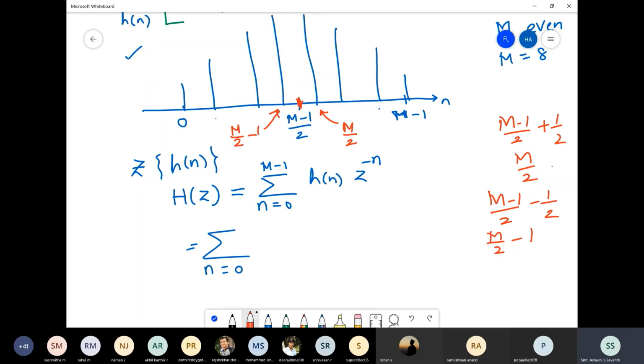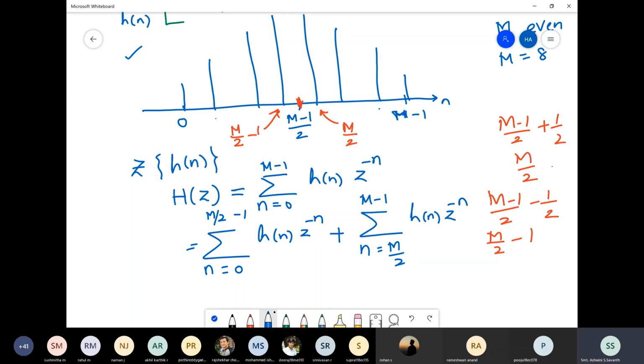Because I want to split this summation into two portions. The first portion will have the first half samples, the second portion will have the second half samples. So the index in the first half goes up to m by 2 minus 1: h of n z to the power minus n, plus the second summation, which will start from m by 2 up to m minus 1, the last sample: h of n z to the power minus n.